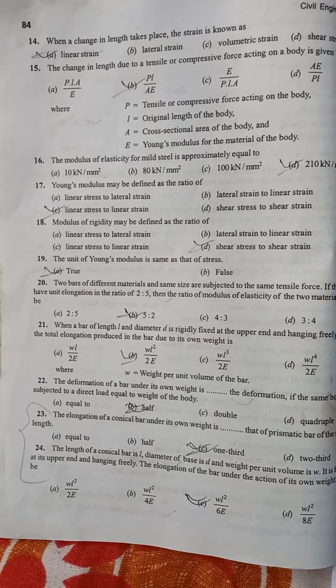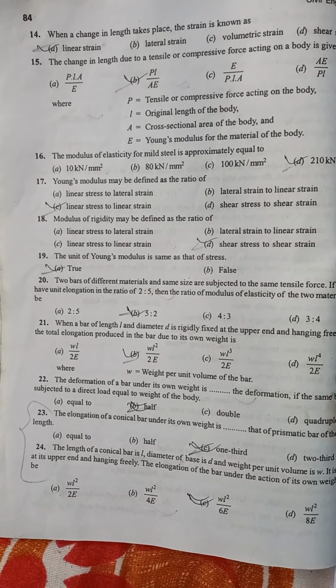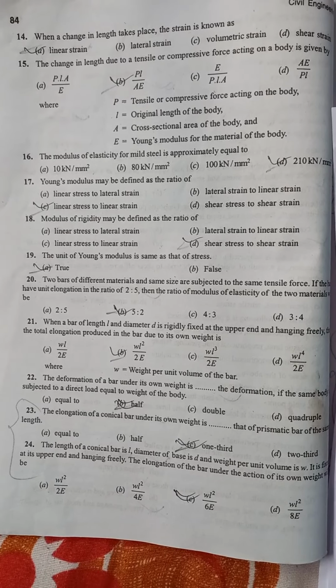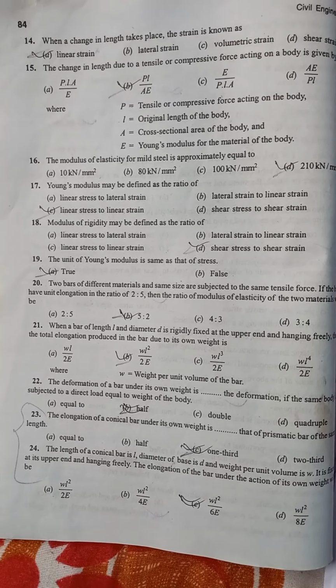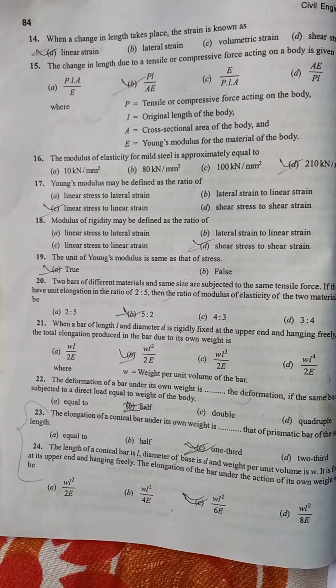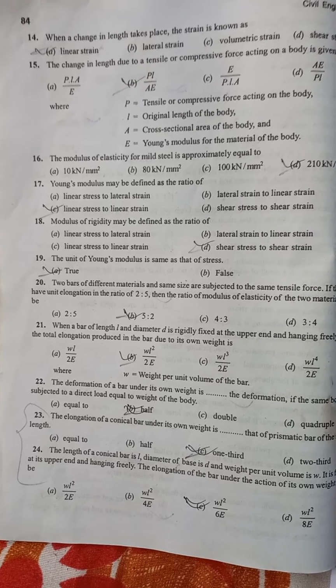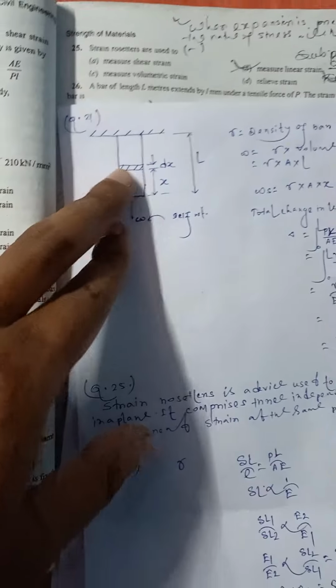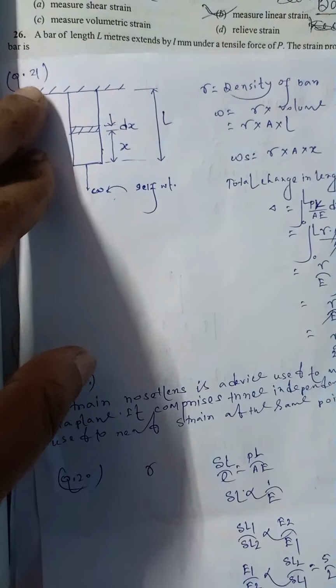Number 21. When a bar of length L and diameter D is rigidly fixed at the upper end and hanging freely, the total elongation produced in the bar due to its own weight is. So friends, you can see the picture. A bar of length L rigidly fixed at this point.